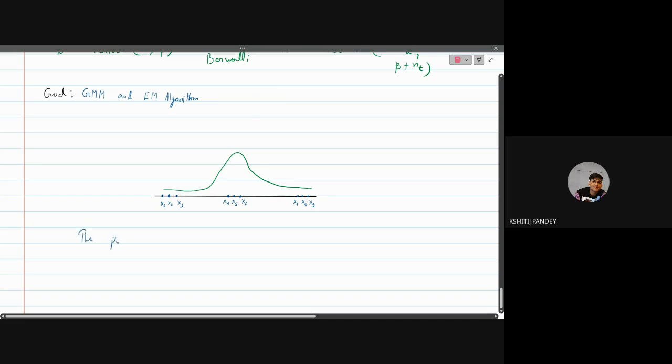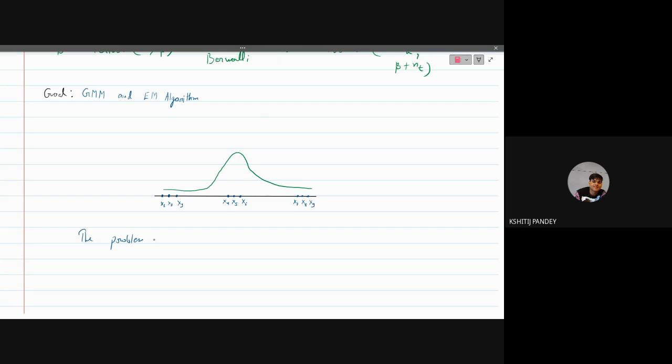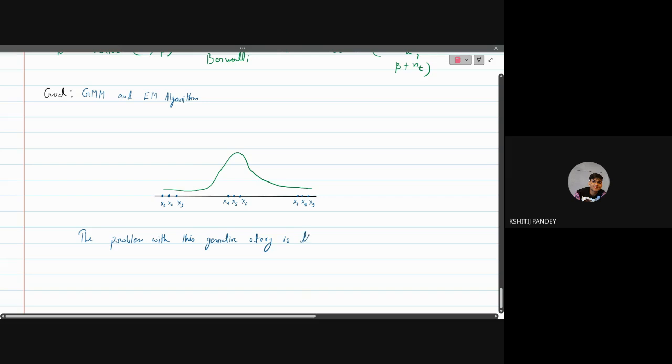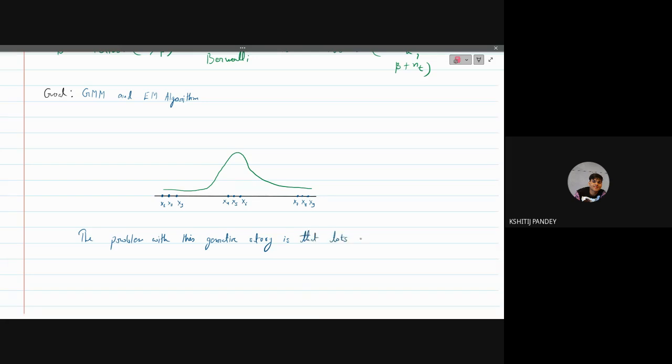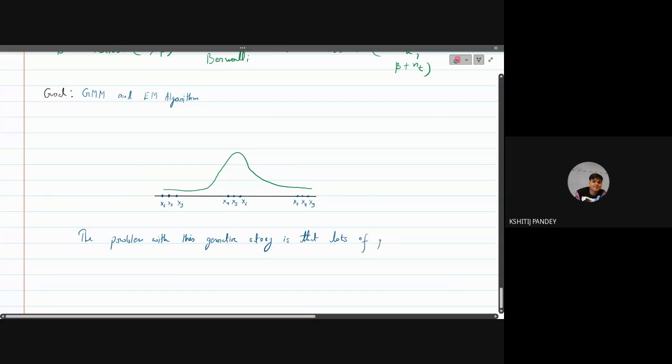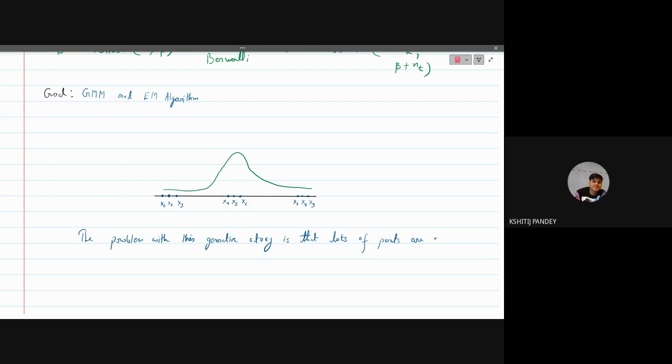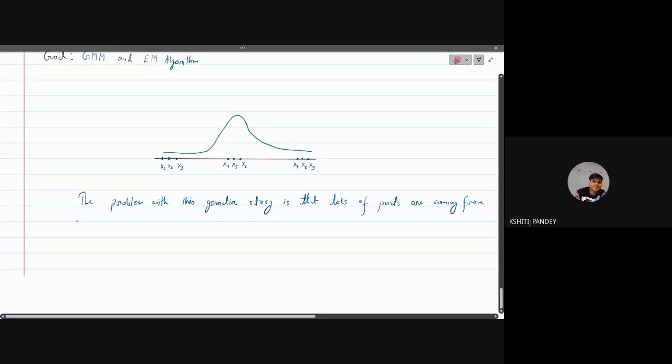So the problem with this generative story is that lots of points are coming from a less dense region.